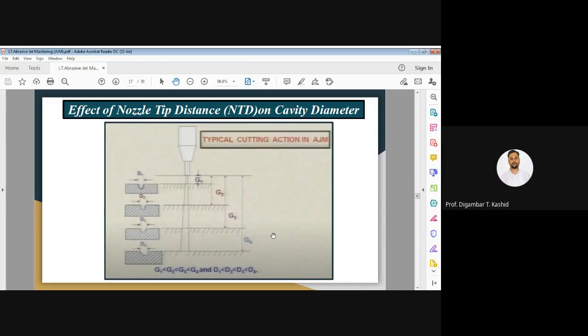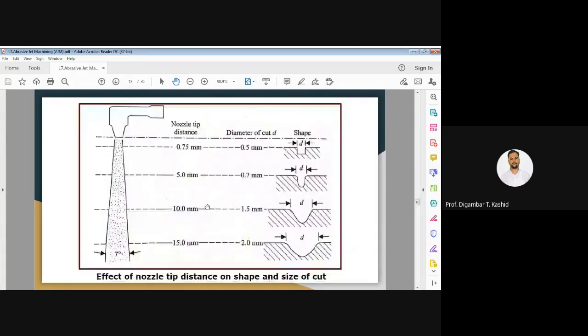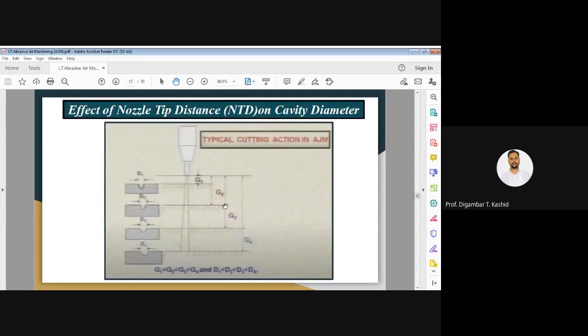Whatever statistics I have shown come from different literature reviews or research papers, which are mentioned in the book. In that book they have gone through different case studies and literature surveys, and through that survey they came to one ideal condition.